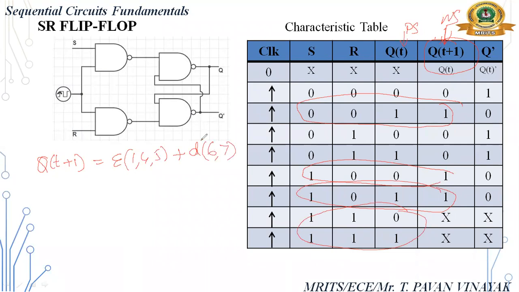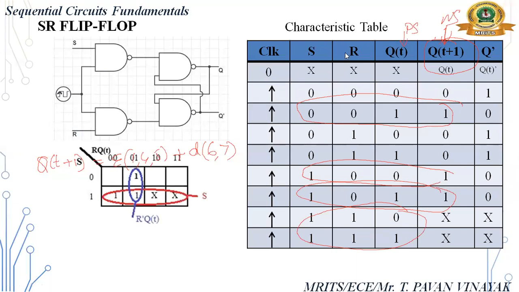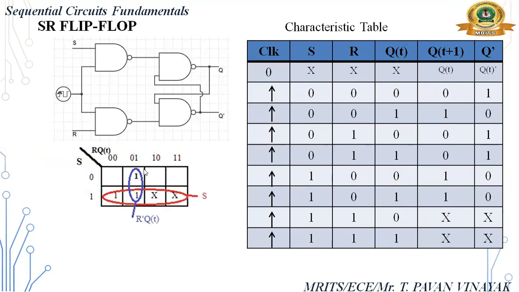So you have to find the equation using K-map. I applied the K-map. This is the K-map: 1, 5, 4, 5 and 6, 7. I put don't cares.